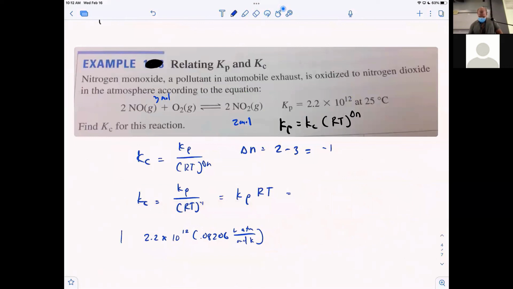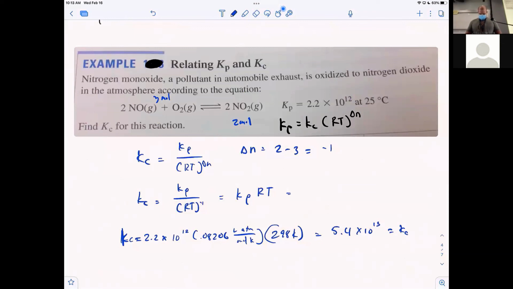Times the temperature, 298 Kelvin. That's 25 degrees Celsius, 298 Kelvin. So then if you throw that in your calculator, you end up getting 5.4 times 10 to the 13, so that equals Kc.